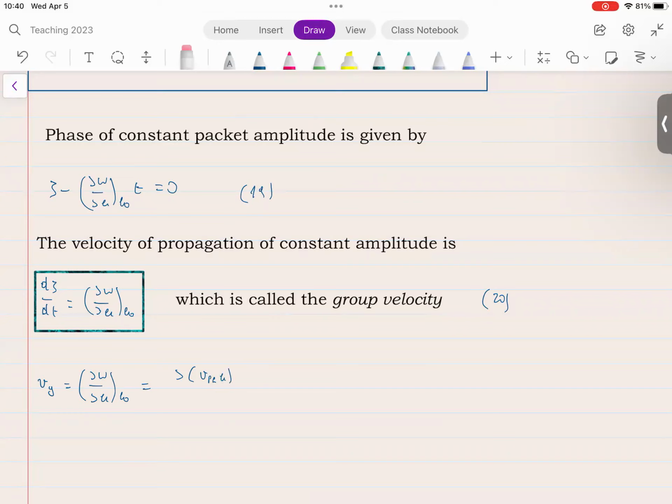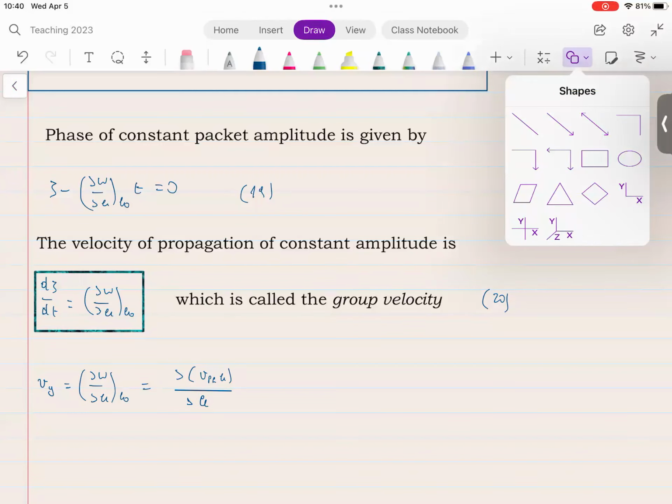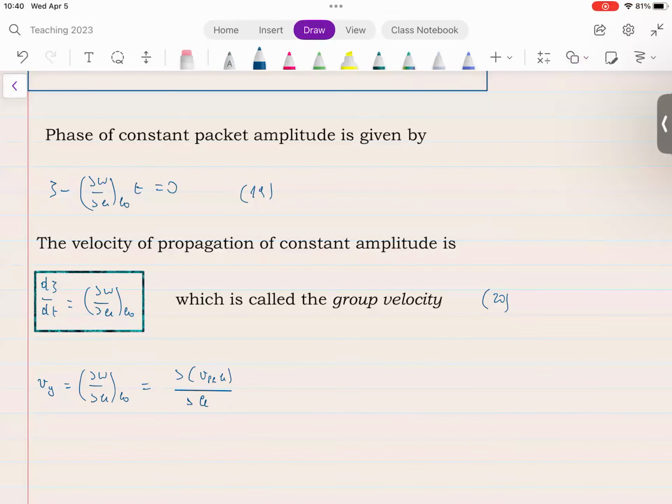So I take the derivative with respect to k, calculated at k0.